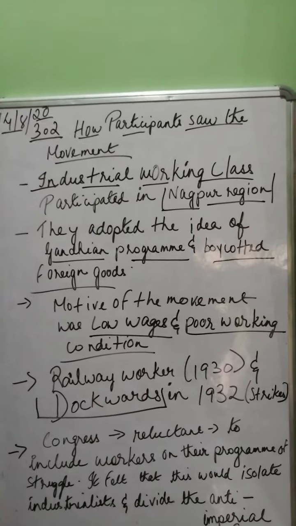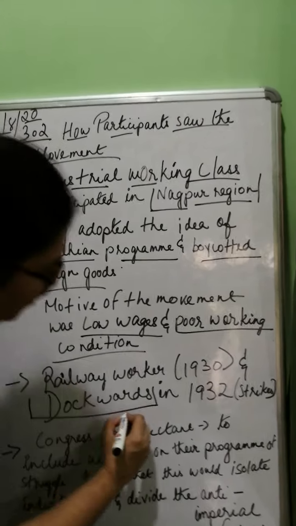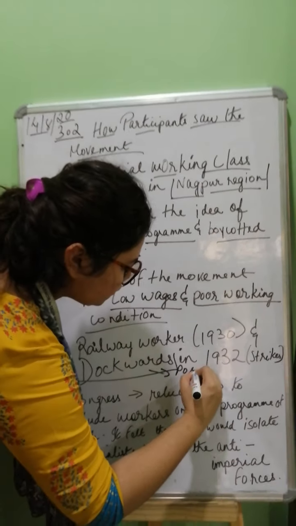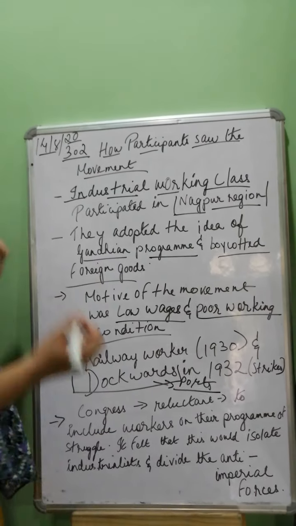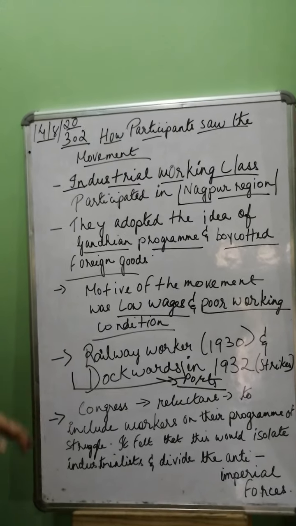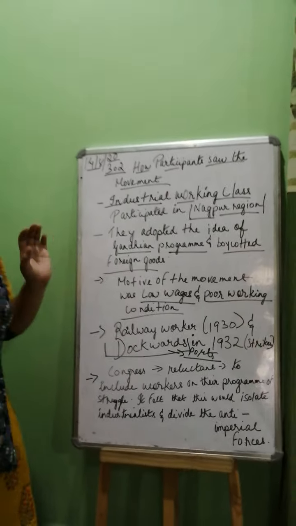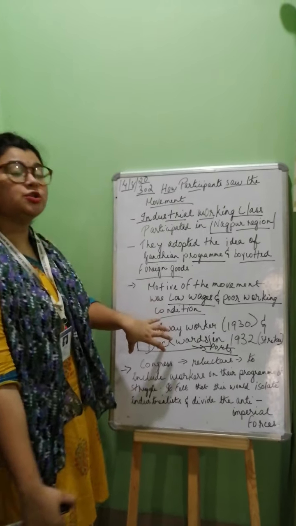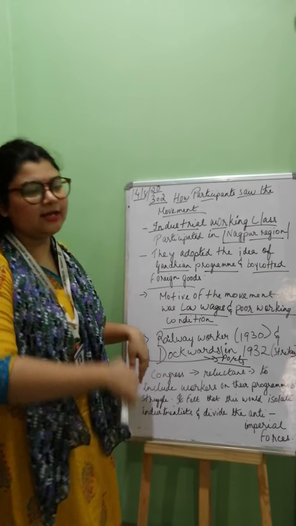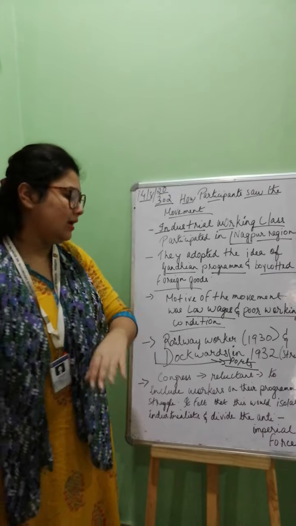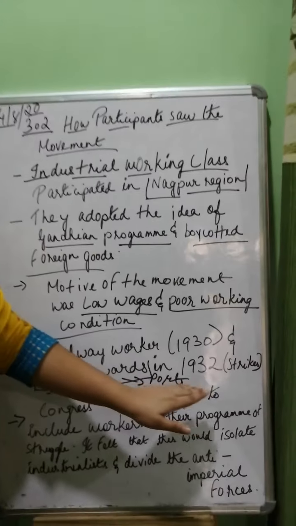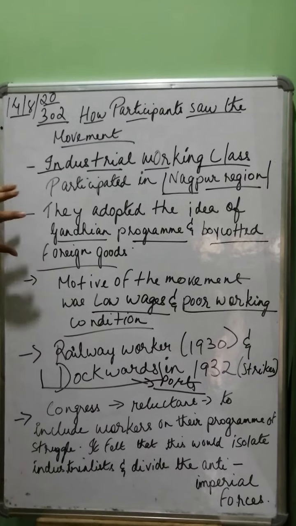Dockyard means the workers who used to work in ports. So these dockyard workers also participated in the civil disobedience movement because they had also done protests, and they had also gone for strikes in 1932.